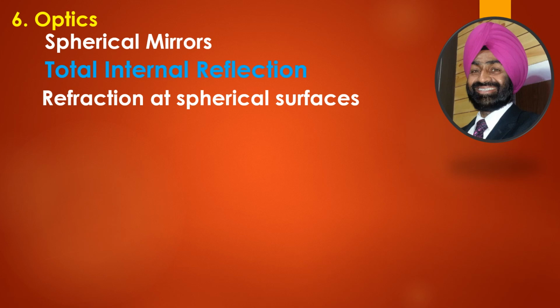Then we come to refraction at spherical surfaces, that is convex and concave surfaces, and on combining the two such refractions we can switch over to lens maker's formula, and there would be corresponding numericals also, changing of the refractive index outside the lens medium. The refractive index outside may be larger than the lens, then how does it behave, and so on.